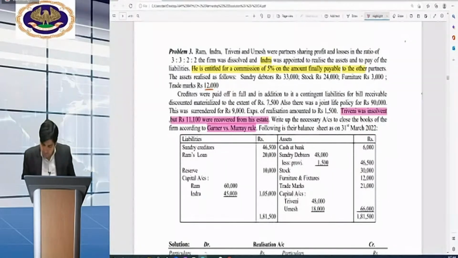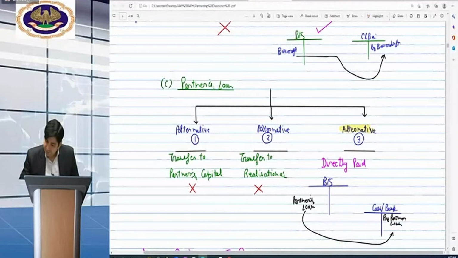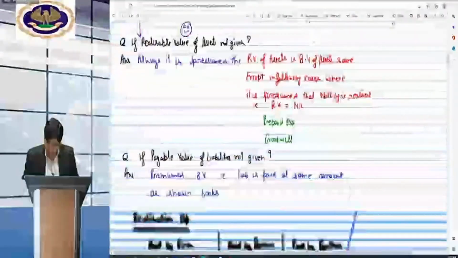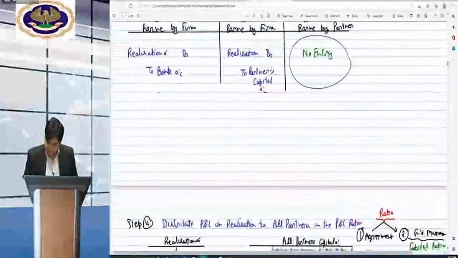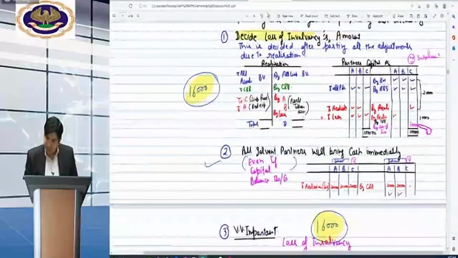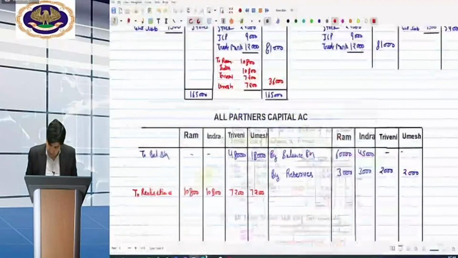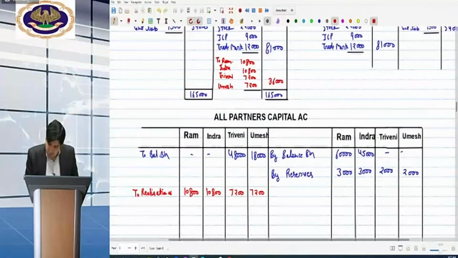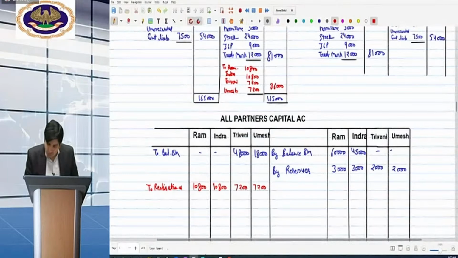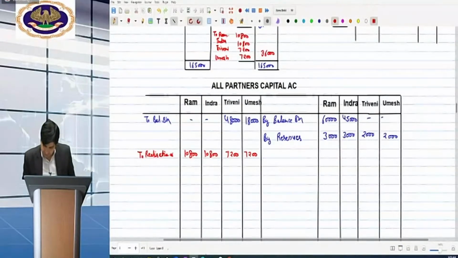First, we have to decide the loss of insolvency. Do you know what we have learned here? First, we have to decide the loss of insolvency. How will that be decided? After posting all the transactions. So first close the ledger of Triveni.